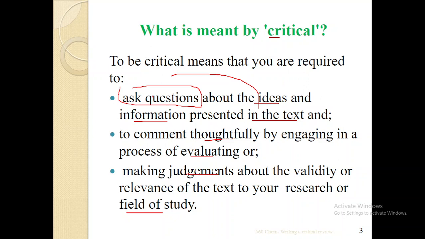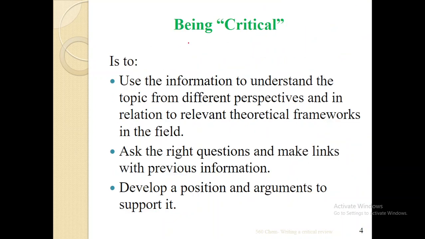Okay, so if you can ask questions about the information, about the ideas, if you can comment thoughtfully by engaging in the process of evaluating the text, or if you can make judgments about the validity or the relevance of the text, this means that you are being critical, right? And being critical means to use the information to understand the topic from different perspectives and in relation to relevant theoretical frameworks in the field.